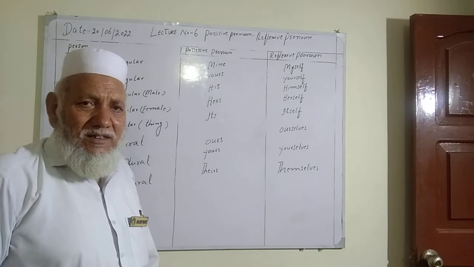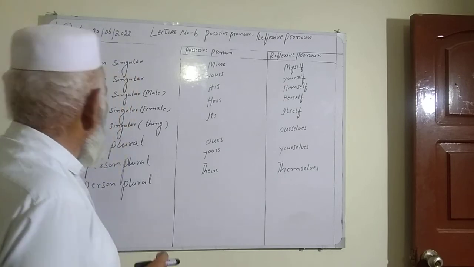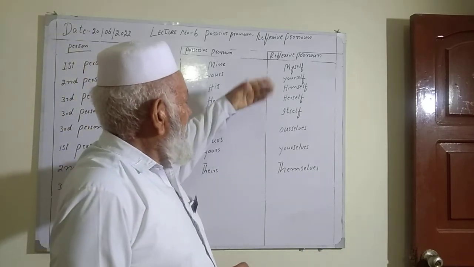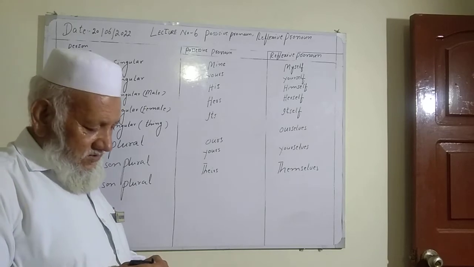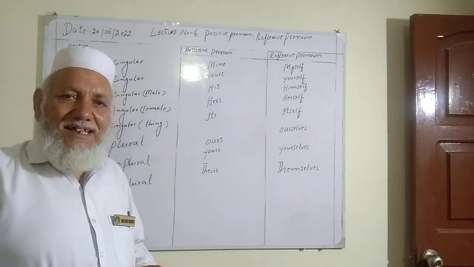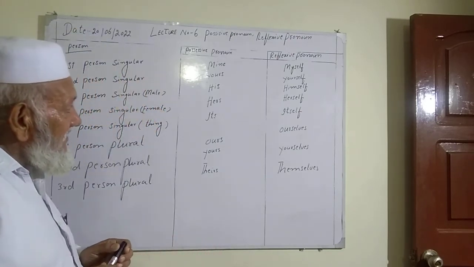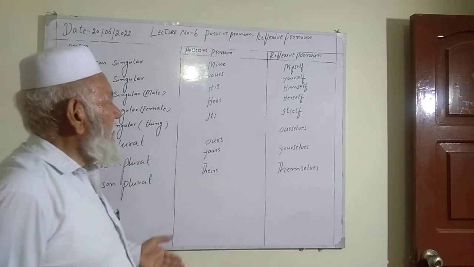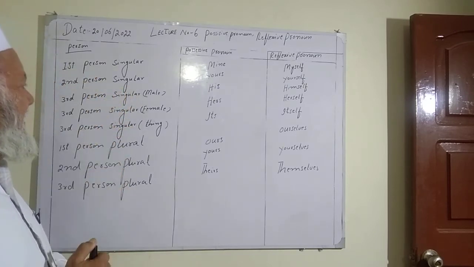The reflexive pronoun comes in the object place, and a sentence has a verb as well as a subject. There are three parts in a sentence: one is the subject, second is the verb, and third is the object. So myself, yourself, himself, herself, itself, ourselves, yourselves, themselves are used instead of an object, according to the subject in the sentence.